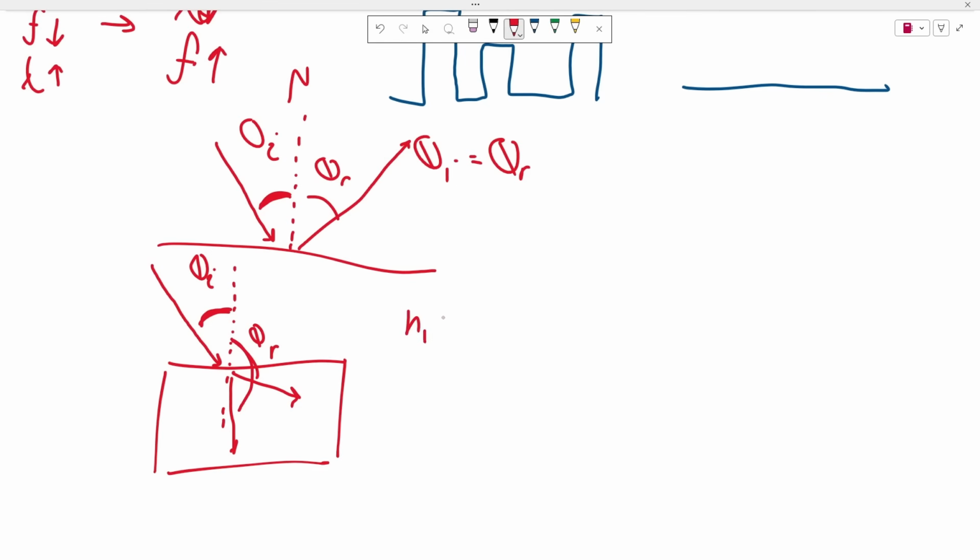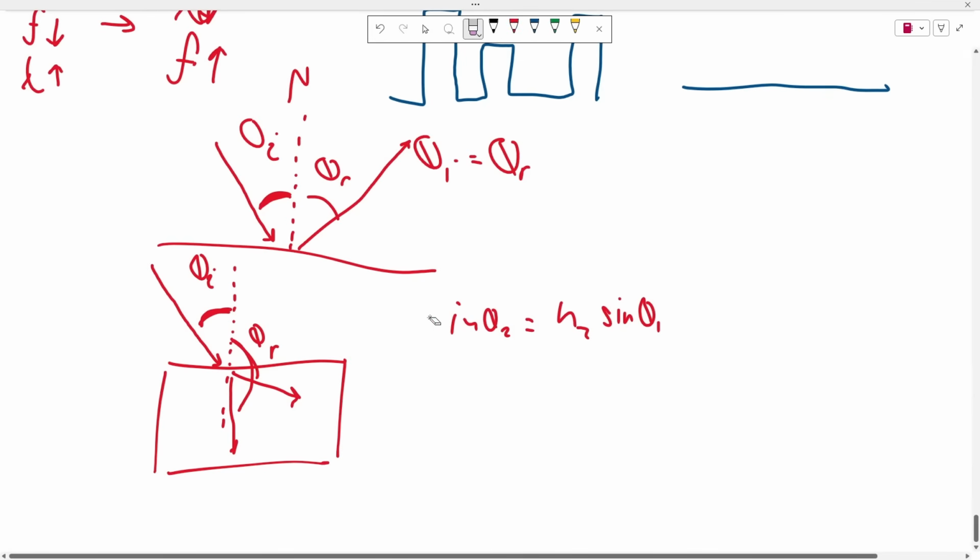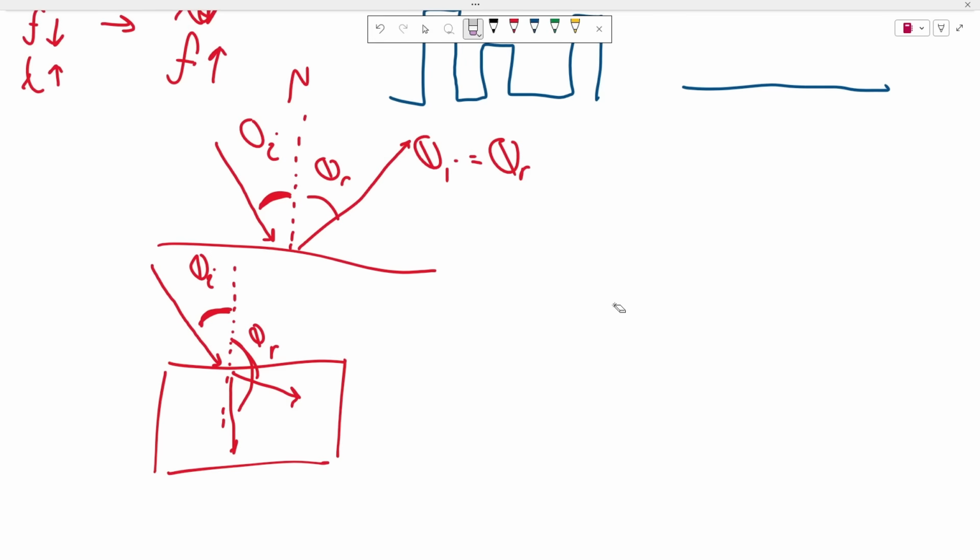You know that n1 sine theta 1 is equal to n2 sine theta 2, right? Or some formula like this that's on your reference table. So the n is the absolute index of refraction. Certain mediums will cause light to act in a certain way when it's inside of them. So that's what n is.